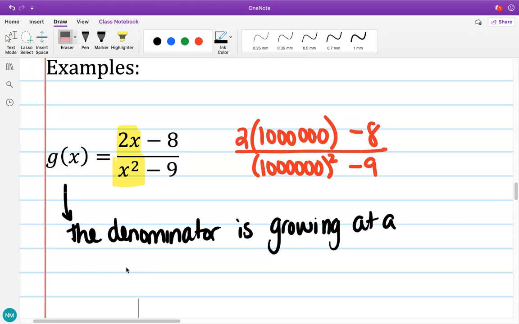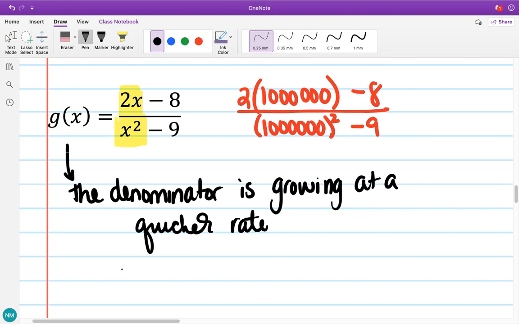So therefore, what is it approaching? What number is this approaching as it gets infinitely and infinitely closer to 0? It's infinitely larger, so the number is getting smaller.